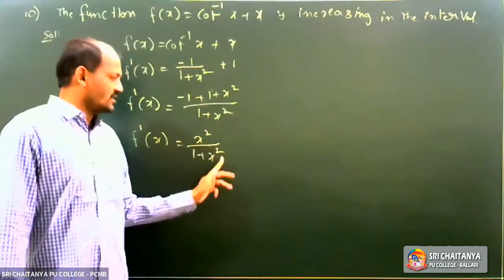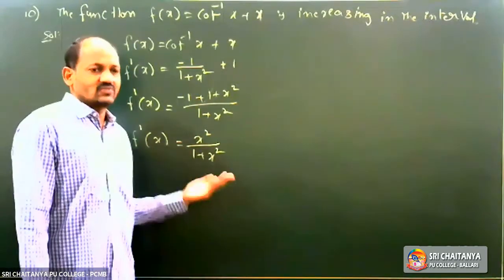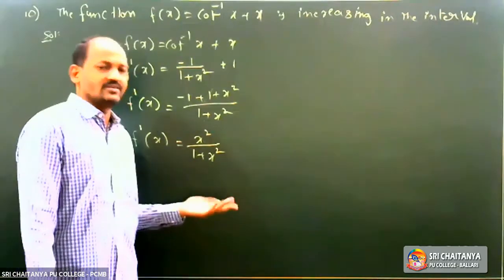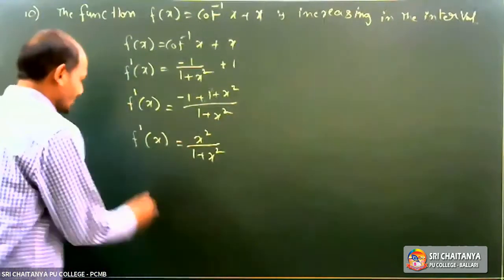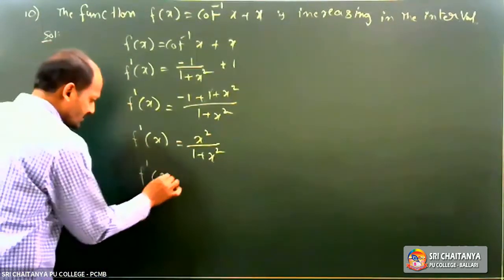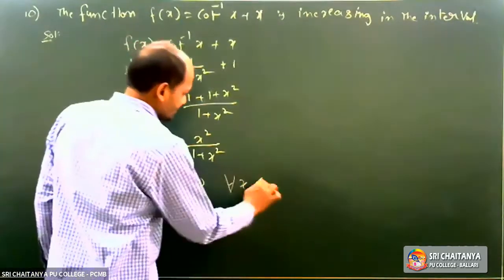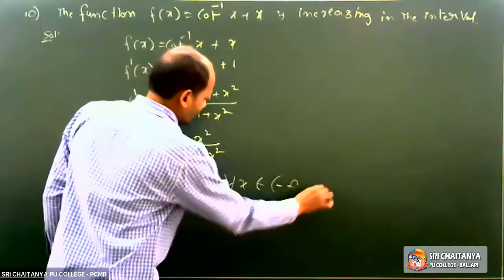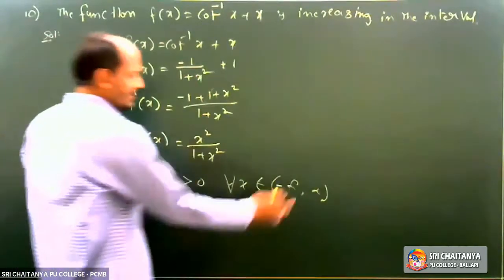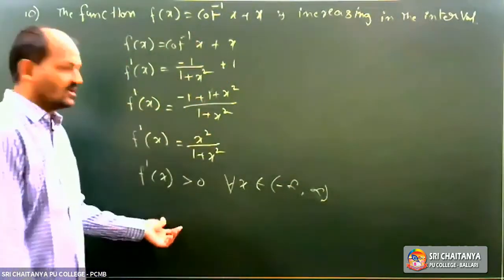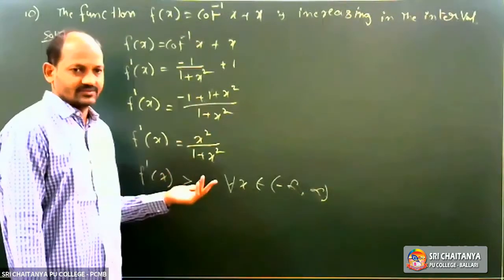So it is x square. For negative values we get a positive value, for positive values we get a positive value. So clearly f dash of x is greater than 0 for all x belonging to minus infinity to plus infinity. In this interval, the function is increasing, whether negative or positive values.